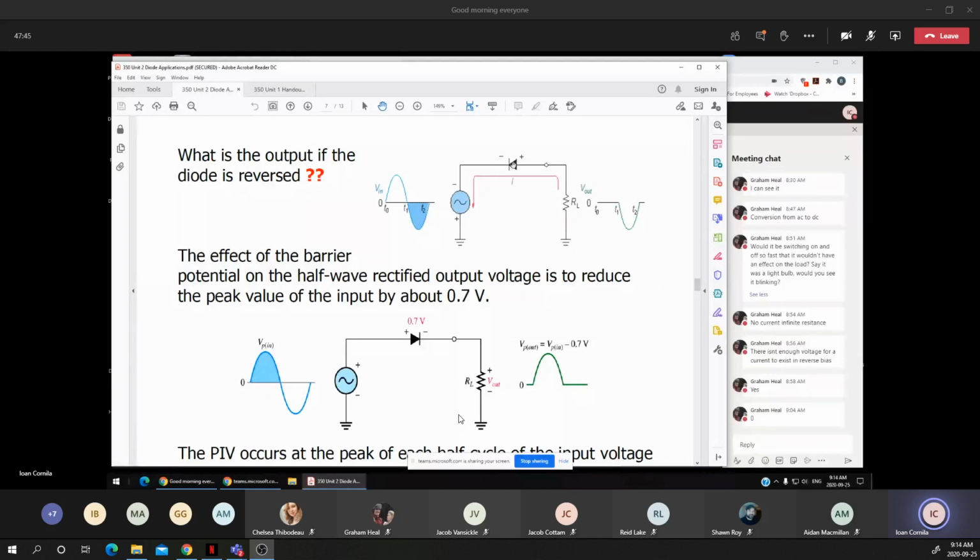There is a current that flows through the circuit, but the current flows in the opposite direction. The diode still works like an on-off switch, except that the current flows in the opposite direction.